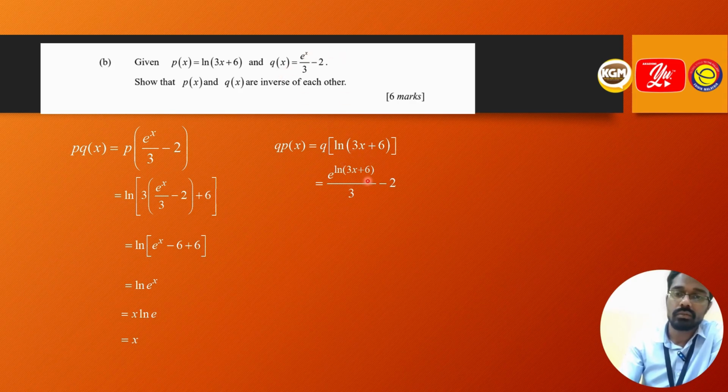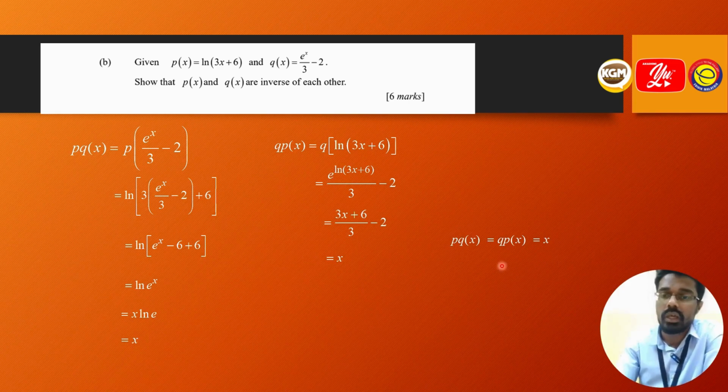So now I can go and simplify. This is property e to the ln X, you should get X. So e to the ln(3x + 6) would just give you 3x + 6 at the top over 3. Simplify this guy and that should give you just X. So as you can see, PQ, you get X. QP, you get X. Let us write that down.